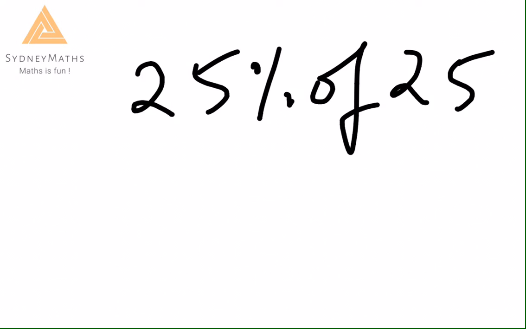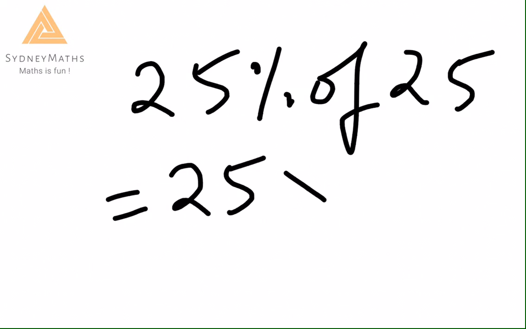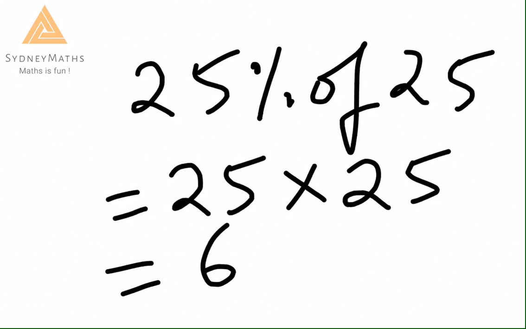So follow the rules, ignore the zeros, but there are no zeros, and multiply the numbers. 25 into 25, which is 625. By the way, it really helps if you know squares, because sometimes with these small numbers, it helps to know simple multiplication like squares and tables.